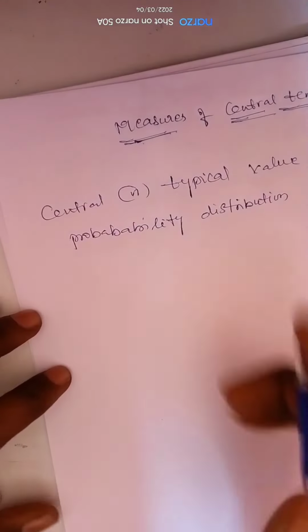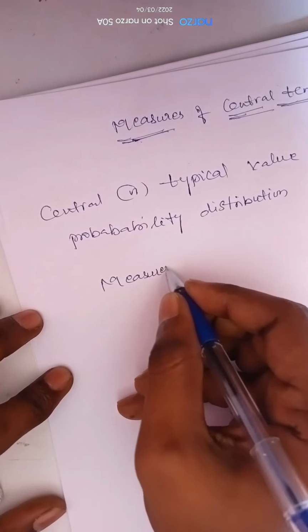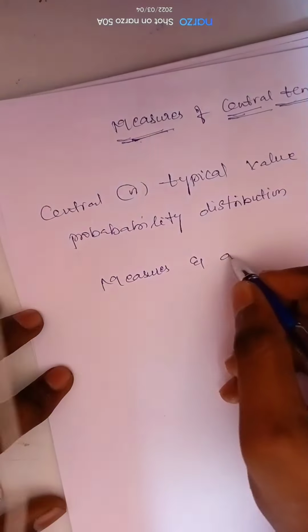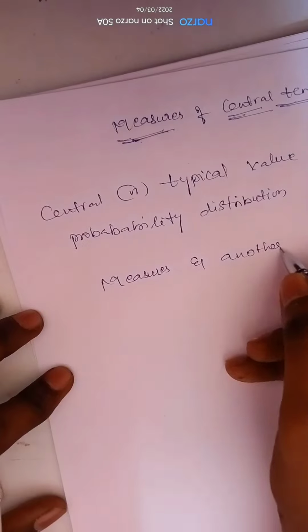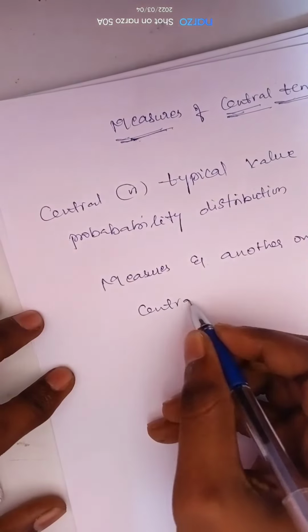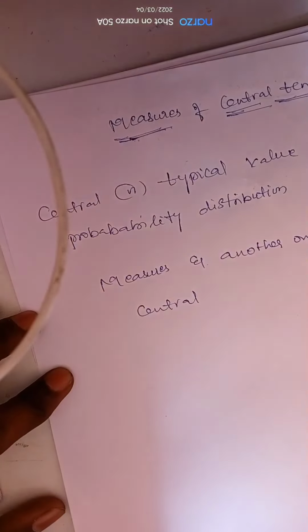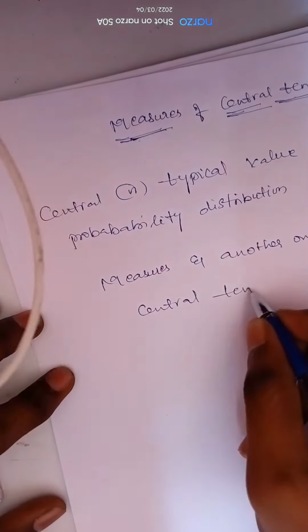So, measure of central tendency has two words, namely measure and central, that is, central value, central tendency.